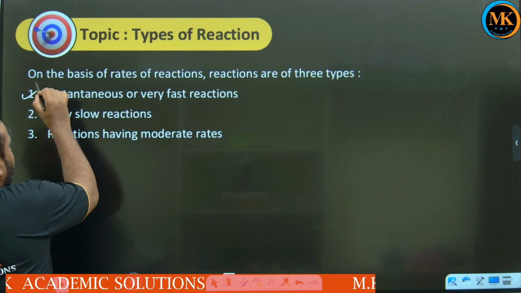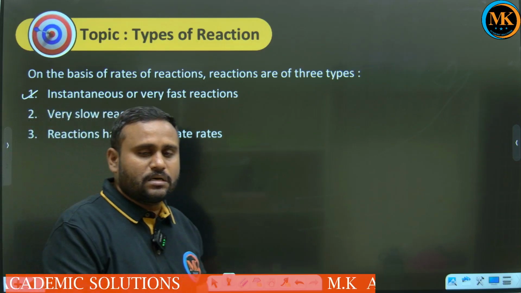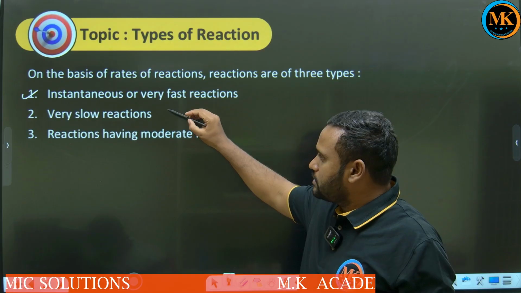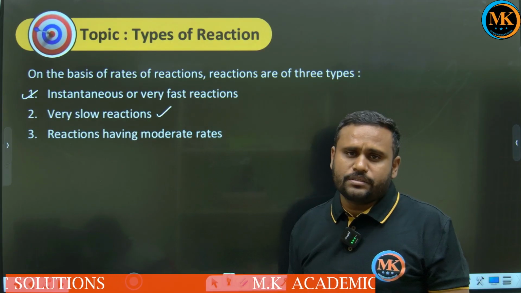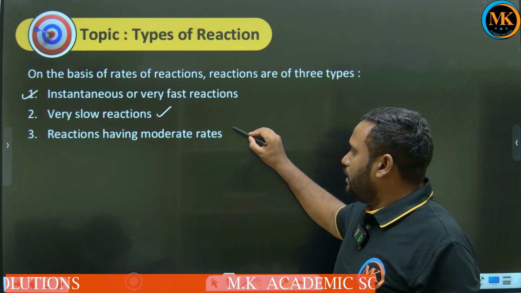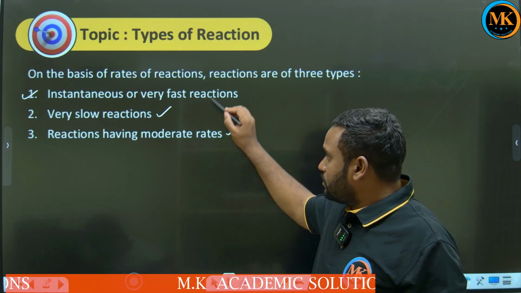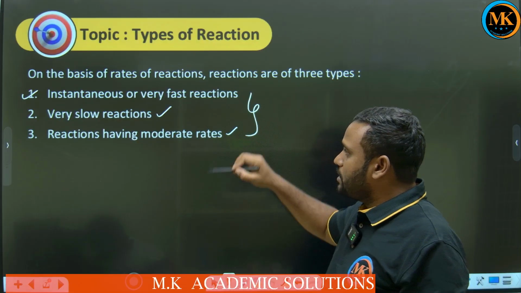They are the instantaneous reactions or very fast reactions, the second one is very slow reactions, and the next is reactions having moderate rate. Okay, so these are classified based on what?